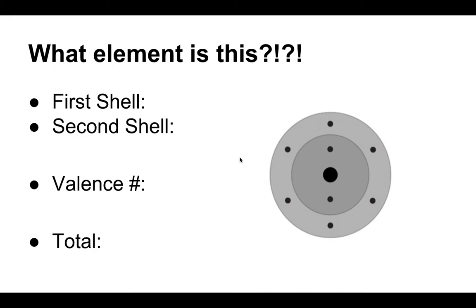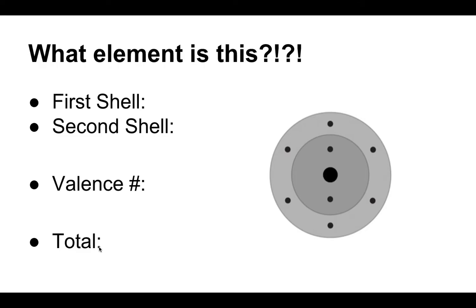So let's take a break and let's try to figure out what element we're looking at here. This is showing the valence electrons for an element on the periodic table. I can see that in the first shell there are 2 electrons. In the second shell there are 6 electrons, which means this element has 6 valence electrons and a total of 8 electrons.